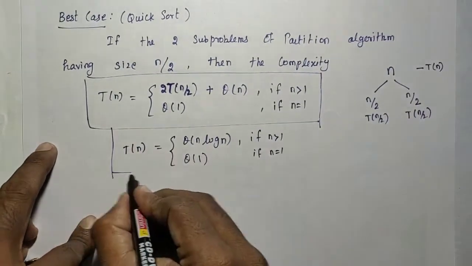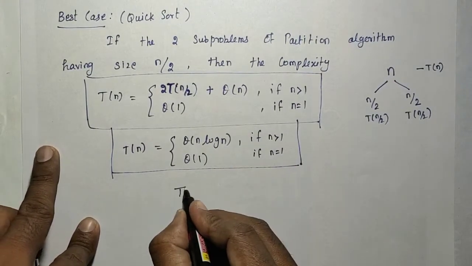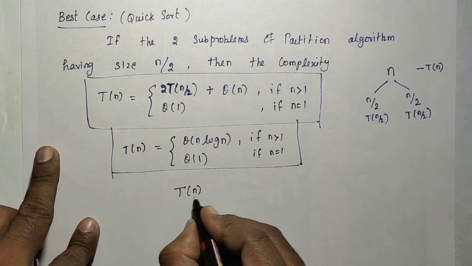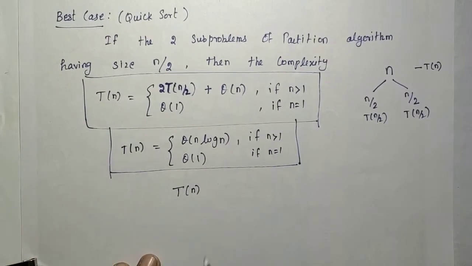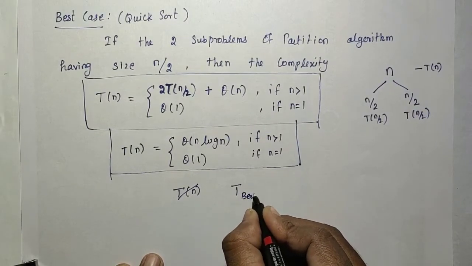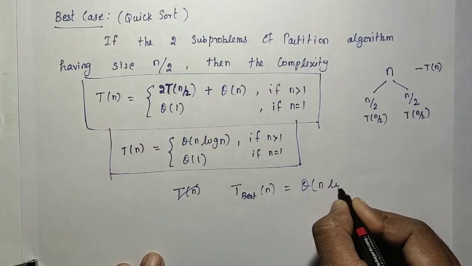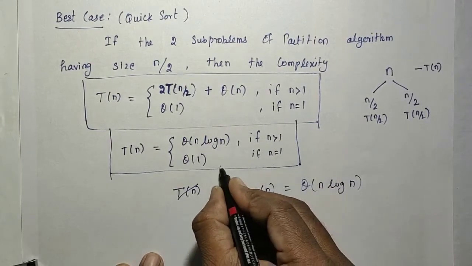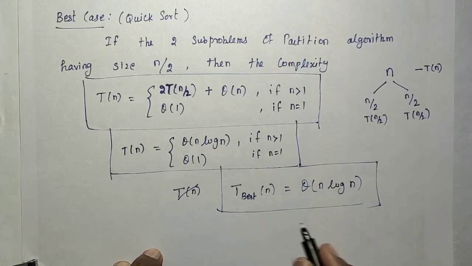We always represent the complexity for large n only, so simply we can mention that T best of n is equal to theta of n log n. That is the final complexity of your algorithm in the best case.